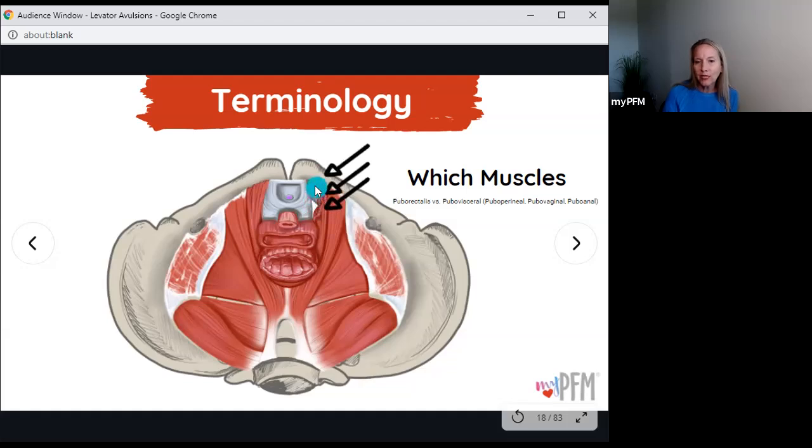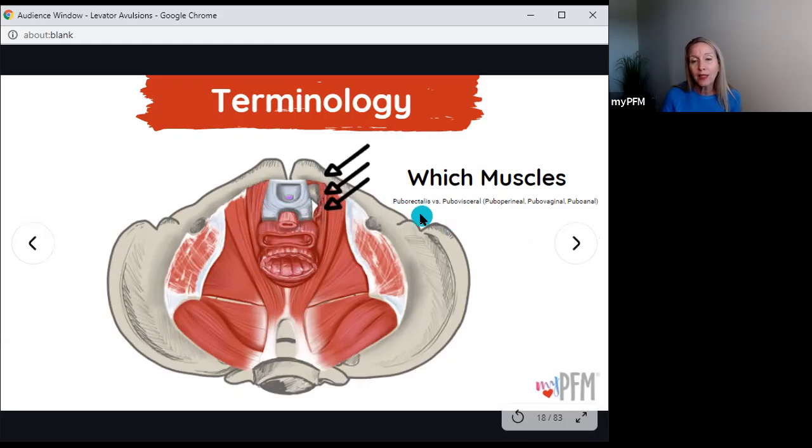This muscle is called the puborectalis, and it attaches there at the pubic bone and then slings around the rectum to attach to the other pubic bone there. But there are variations in the literature about what the most medial muscle is called, and also how it's structured. So I want to bring that up here.